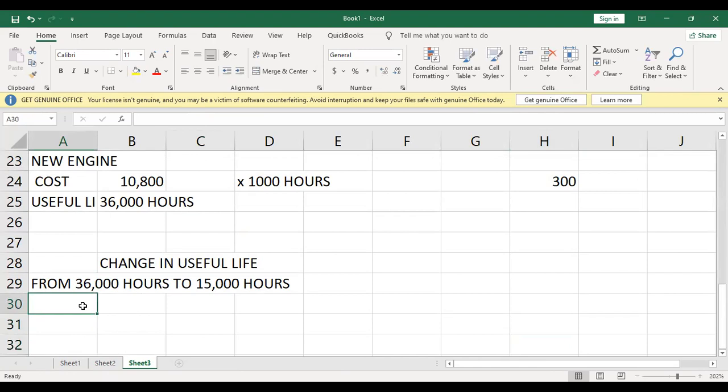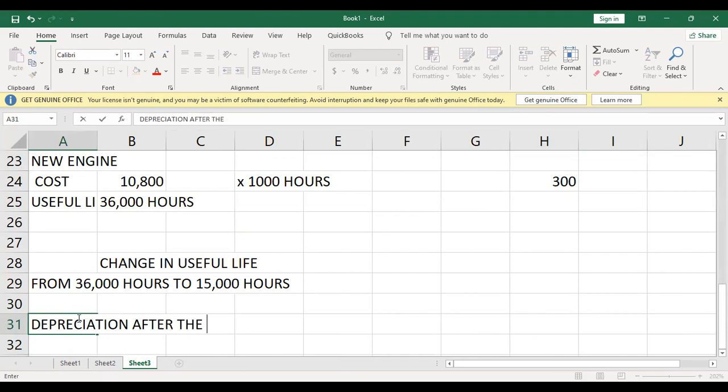So to calculate depreciation after the accident, how many months? Excuse me, ma'am. Yes, ma'am. Sorry, the new engine, the cost, I thought it's 10,800,000. Yes, ma'am, we've done that one.